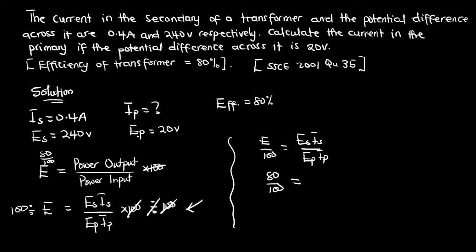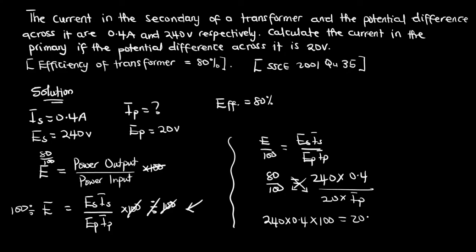So this is equal to ES, which is 240, multiplied by IS, which is 0.4, over EP, which is 20, multiplied by IP. All right, so here I cross multiply. I have 240 multiplied by 0.4 multiplied by 100 is equal to 20 multiplied by IP multiplied by 80.